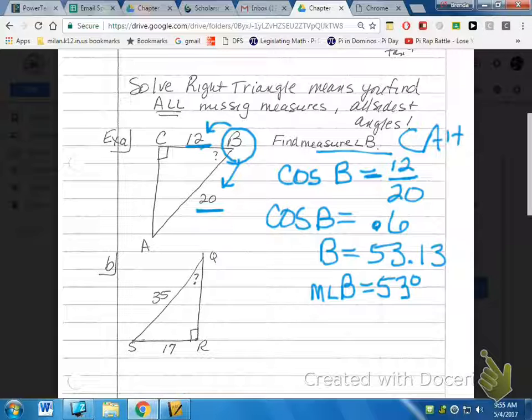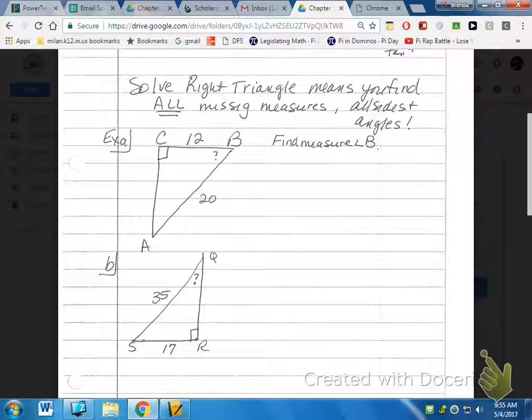Example B. I'm going to erase this. Example B. We have a 35, a 17, and then a question mark with angle Q. You see how they put other letters in there? I told you they would.